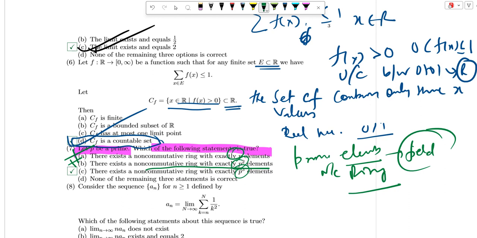We can construct rings with p to the power 3 elements using matrix rings. Now consider a ring of 2 by 2 matrices over a field with p elements, denoted by Fp.